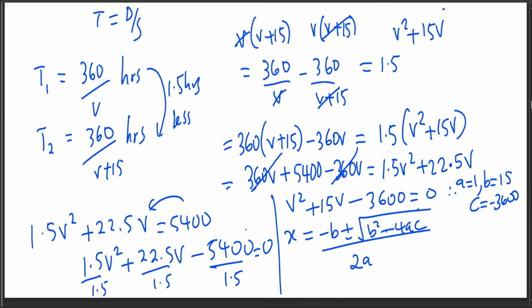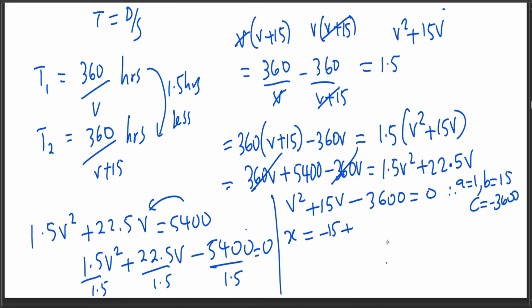Now minus b will be minus 15. B squared will obviously be 15 squared. Let me just write this down here.